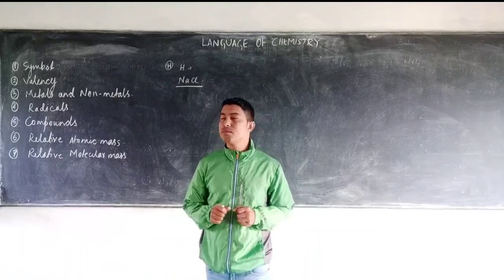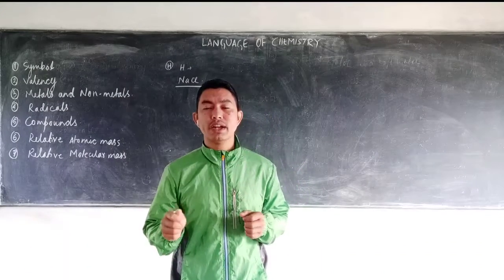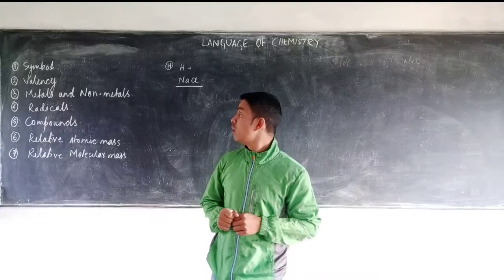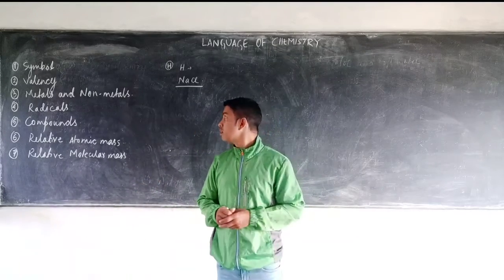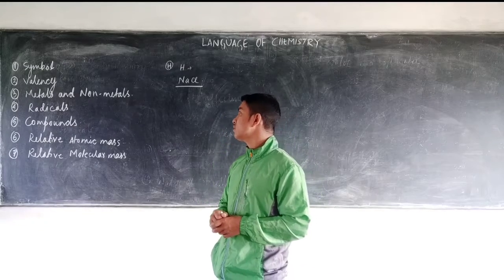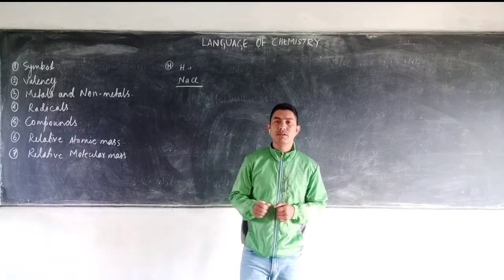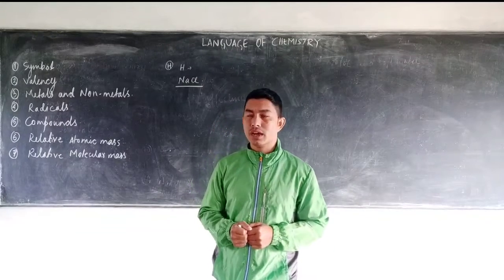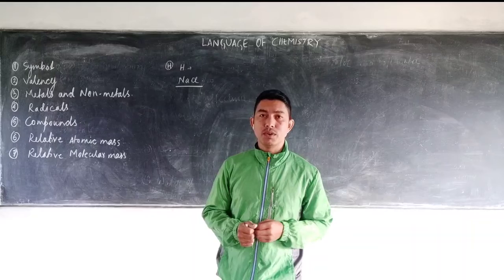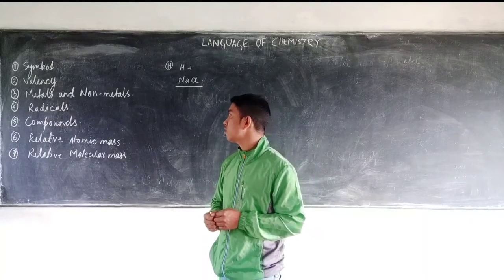That is what is basically meant by the symbol, the shorthand representation of the given elements or compounds. It is very necessary for you to remember the symbols of the elements up to atomic number 20. And there are also many important compounds for which you must remember the formulas.